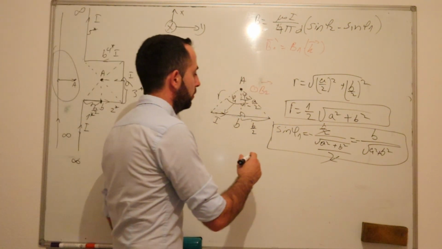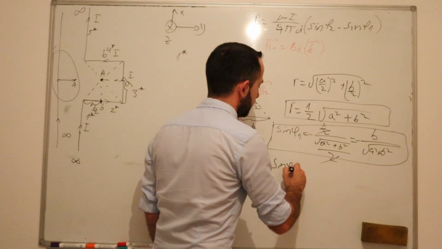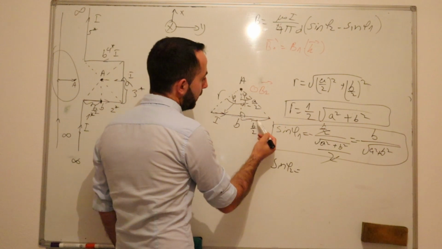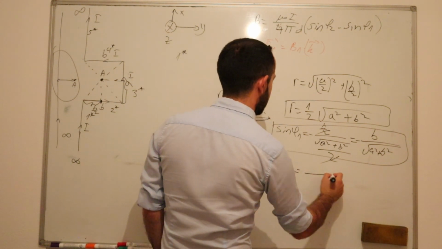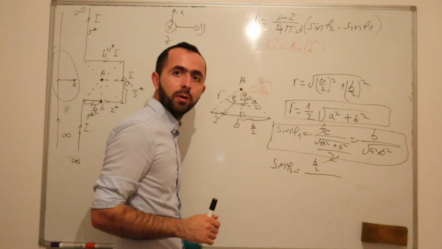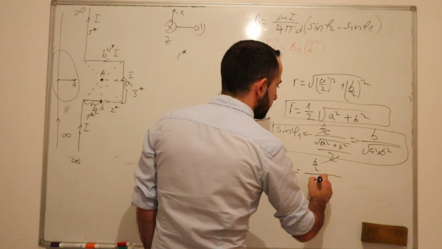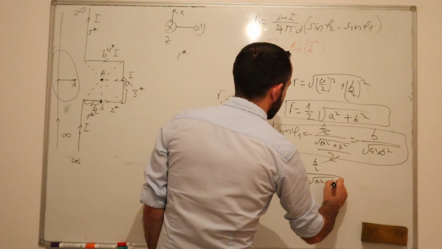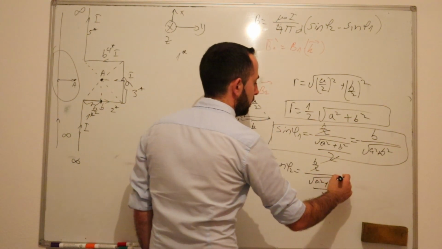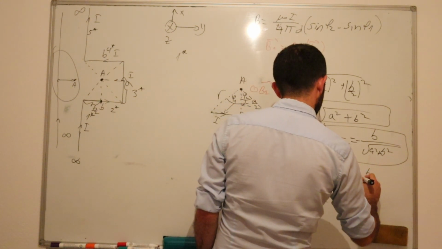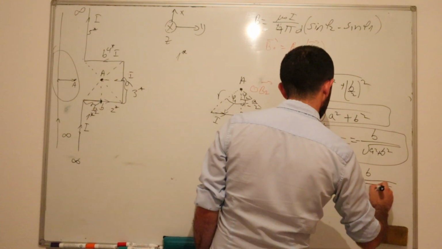Sin φ2, the same way, so this is φ2. Also, it is the opposite side, which is B/2, divided by the hypotenuse, which is square root of A squared plus B squared over 2, which means it is B over square root of A squared plus B squared.